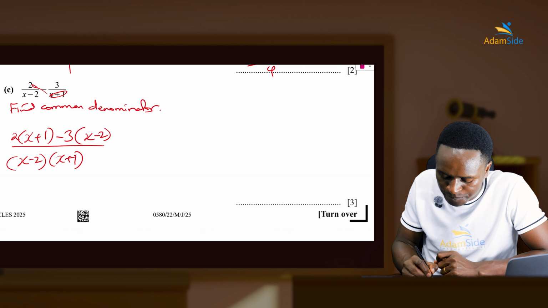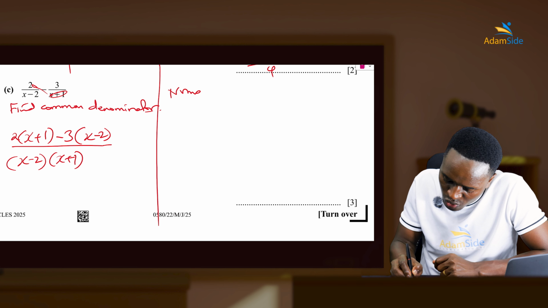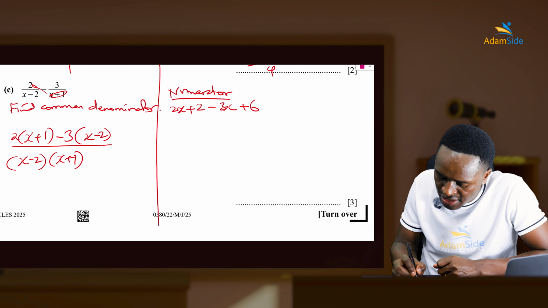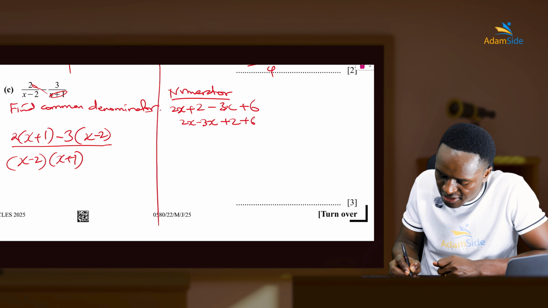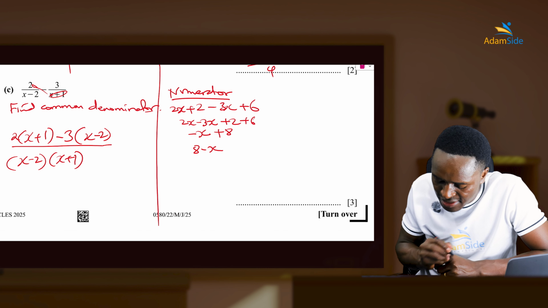Correct. Then start with the numerator. In the numerator you have 2 times x, you get 2x plus 2 minus 3x plus 6. Then 2x minus 3x, and 2 plus 6. This is minus x plus 8, so the numerator is 8 minus x.